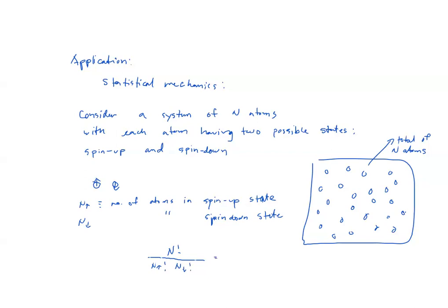Now, I can write this in another way para isang variable lang. Let's say I want spin up. So spin up factorial times, if I want to represent spin down with spin up, all I have to do is to subtract it from the total number of atoms. Factorial. Question, anong formula ito? Permutation or combination?